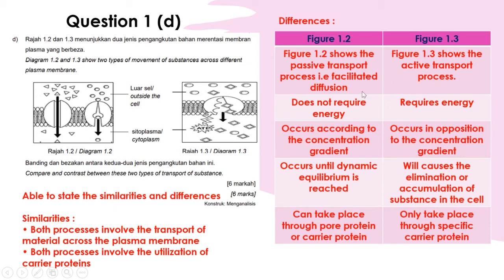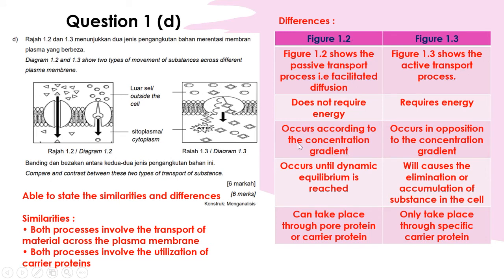Second difference. Figure 1.2 does not require energy, because it is passive transport. Figure 1.3 requires energy; we can see the ATP shown here. Third difference: it occurs according to the concentration gradient.